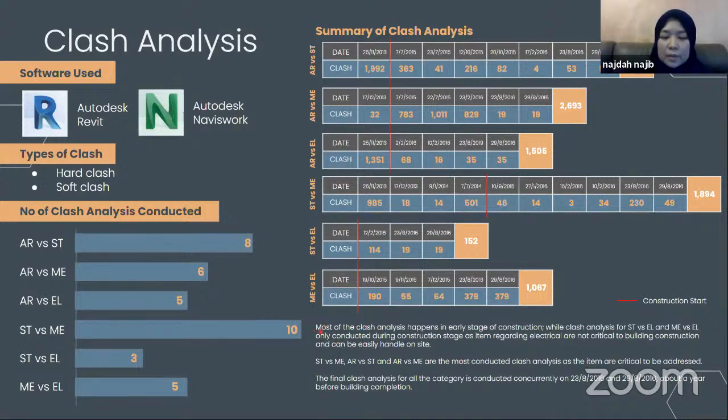I applaud this slide that you did, because you put it out there that for this project, the clash analysis was done prior to or during construction. It's a good way of presenting your data. Other than that, okay. Just the conclusion. Maybe towards the end we'll get it.